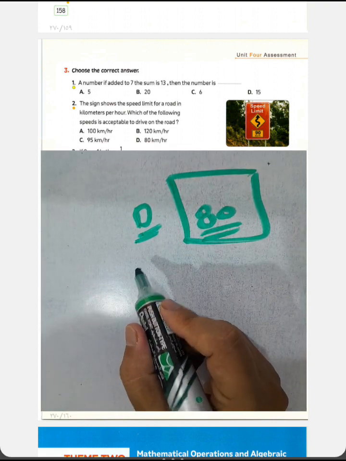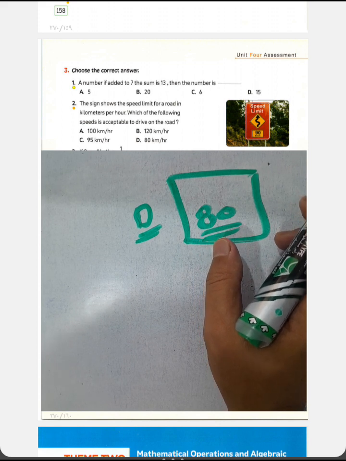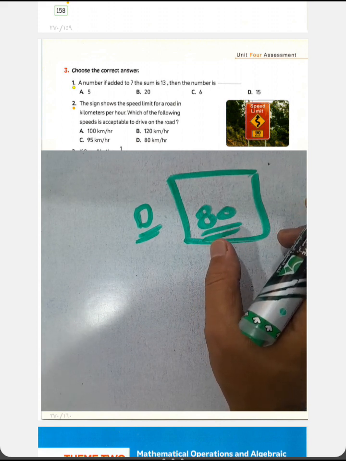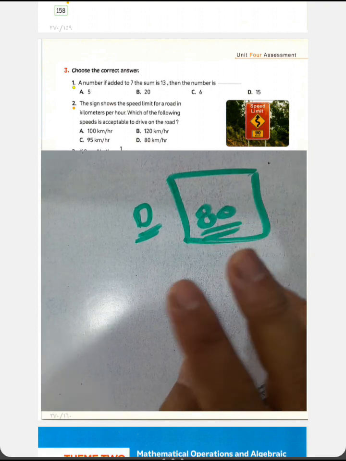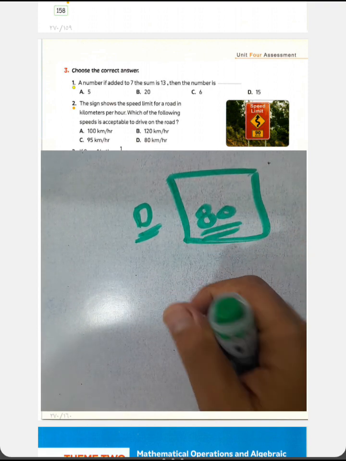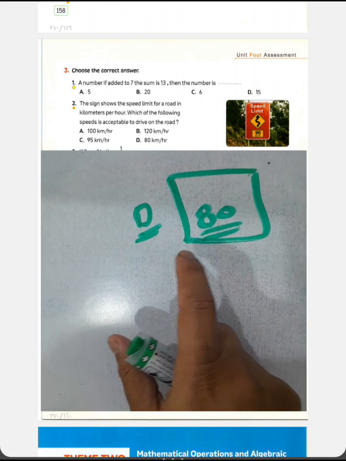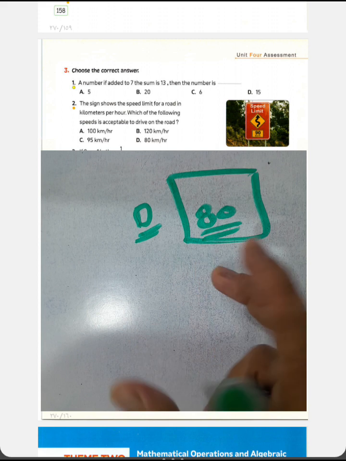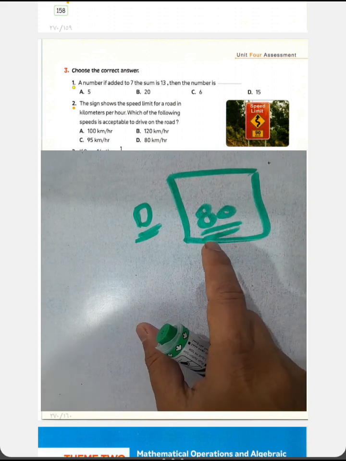Again, the sign shows the speed limit for a road in kilometers per hour. Which of the following speeds is acceptable here? It's equal to what? 80. We have here on the sign 80. This word, acceptable to drive on the road. What is the acceptable kilometers per hour? 80. The speed limit is 80 kilometers per hour.